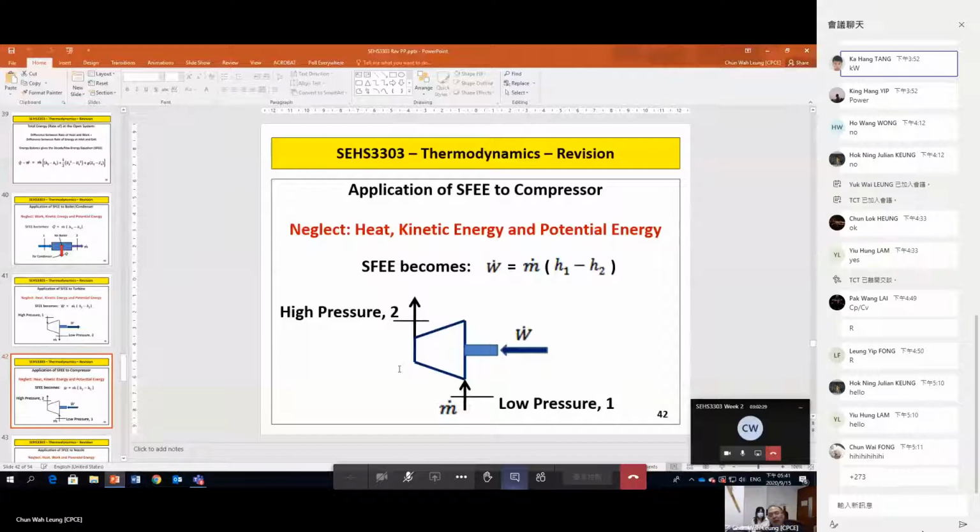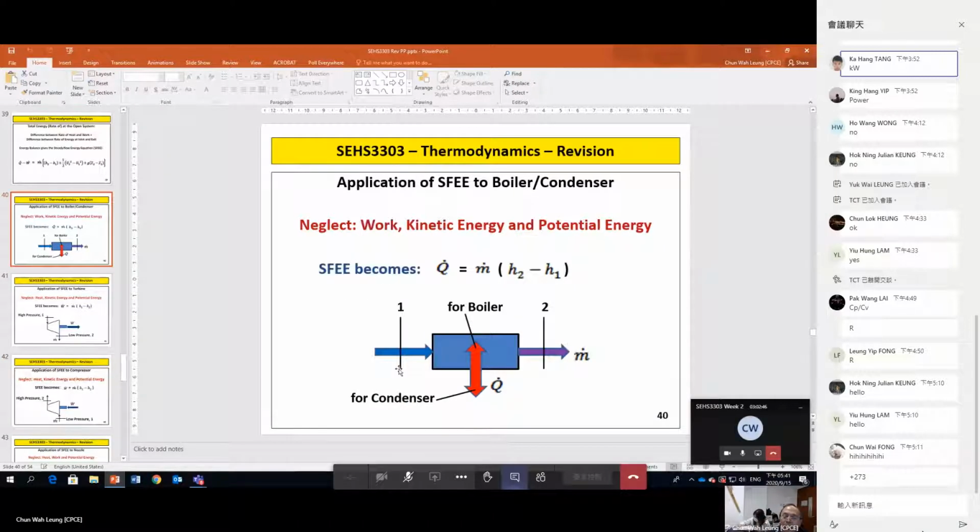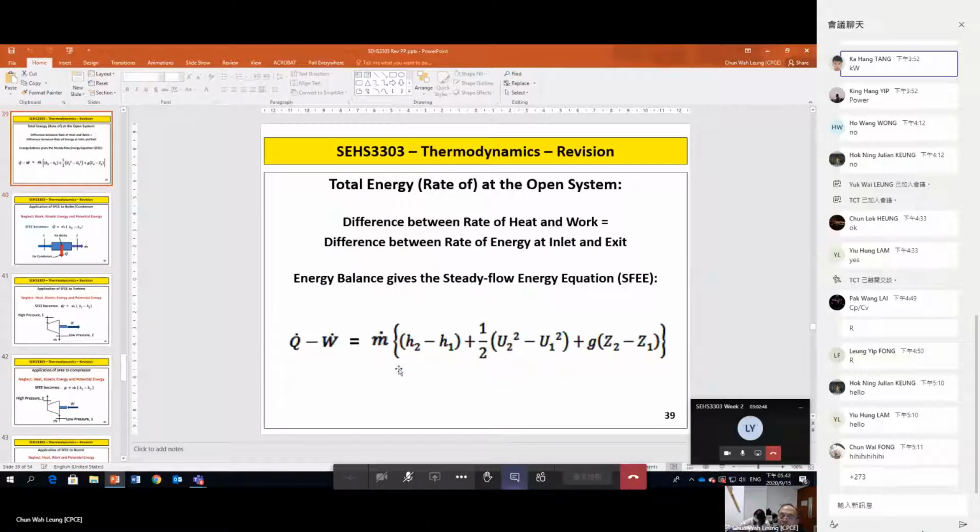For example, a compressor. Then we pass a fluid in, apply a power, and then compress it up to high pressure. That is the compressor. Using the steady flow energy equation, the compressor this time has no heat.